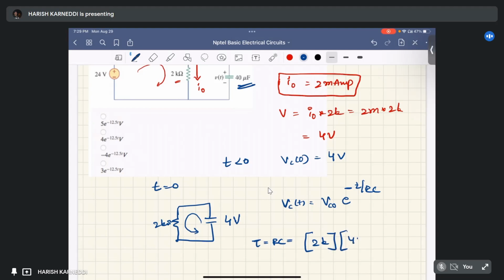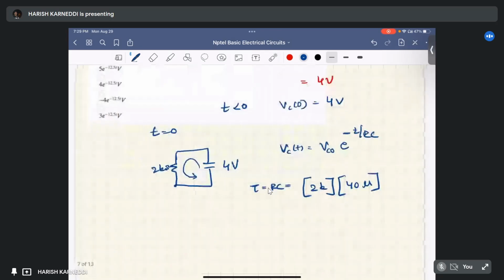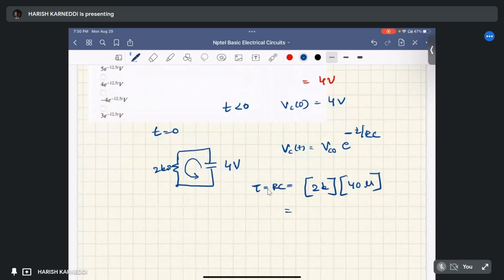So 2 kilo ohm into 40 microfarad, with 10 power minus 6, gives 0.08.